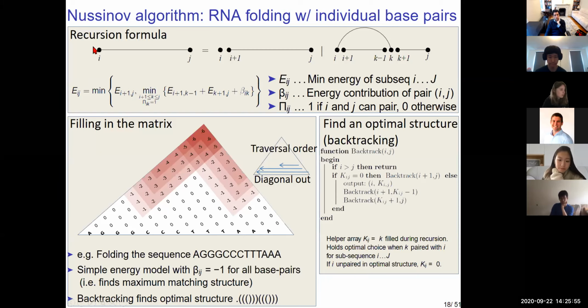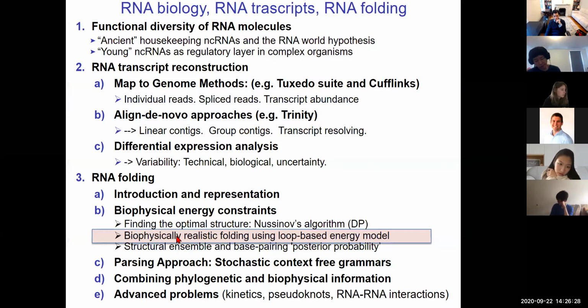So the basic recursion formula is that, to compute ij, I compute it recursively, either by inserting one character or another character or both characters, or by splitting and then recursing into those 2. I fill in my matrix from the inside towards the outside, traversing every row or every column, and then backtrack based on whatever option gave me the best choice.